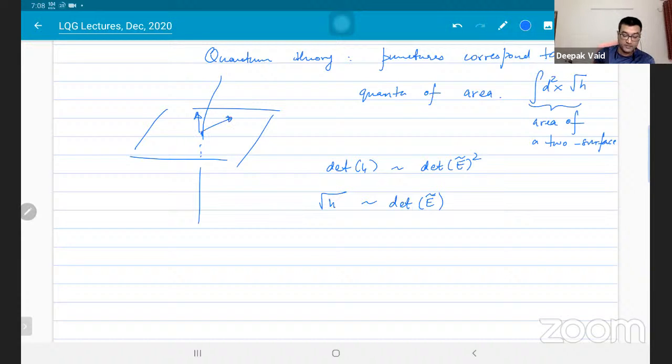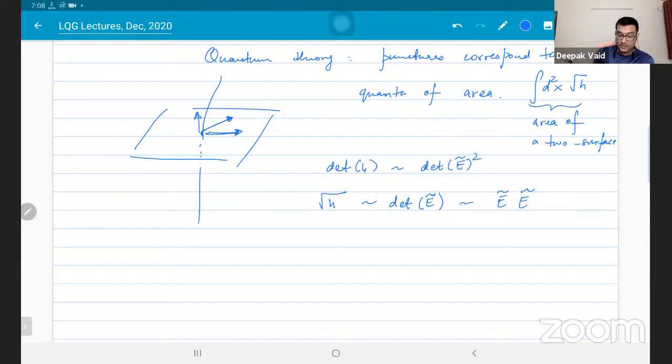You're calculating the determinant of two vectors living on the surface, so you get two copies of E. Later on, I will make all this much more mathematically precise.